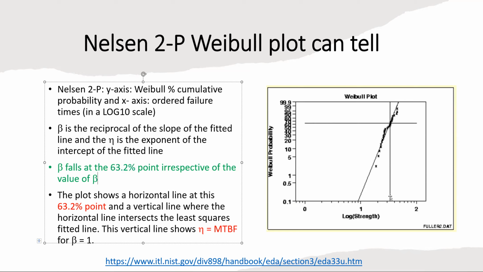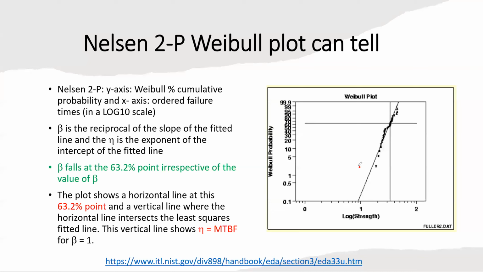At that point, the intercept will give your eta. So from the Nelson plot, you could easily get beta and eta immediately and cleanly. On top of that, for the least square fit here, if every point is close to that, you know the data is good. If you see something wacky, then it's no good.